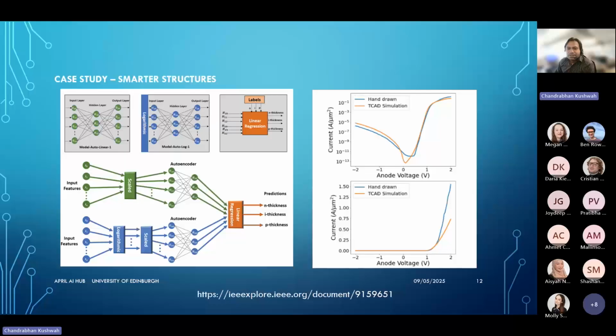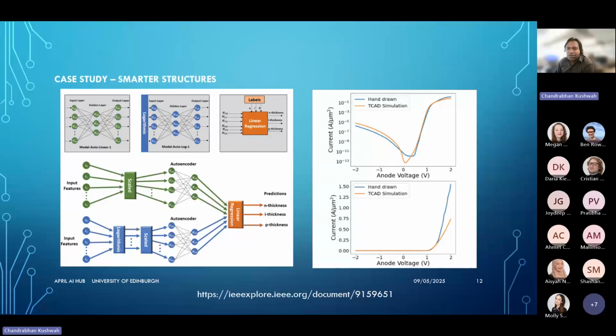This structure was simulated using TCAD and compared to the original hand-drawn curve. The result demonstrated that the simulated IV closely replicates the reverse leakage characteristics of the input curve, differing by only about a factor of 4 across much of the negative voltage range.